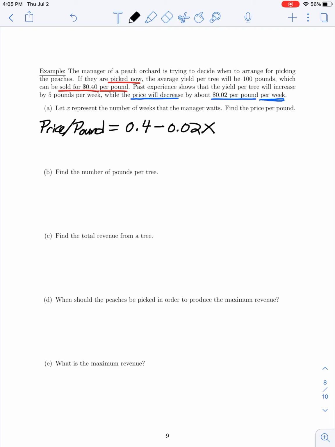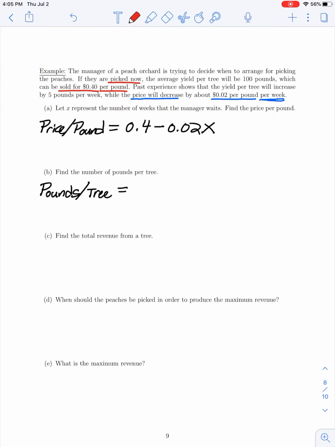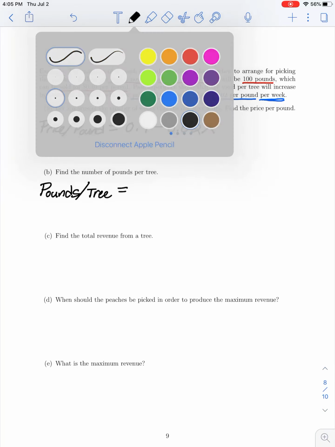Now in part B, we ask the question, find the number of pounds per tree. So what will our yield be for each of these trees? Here the yield in pounds per tree would be found by taking the current yield. If we were to pick them right now, then the average yield per tree is 100 pounds.